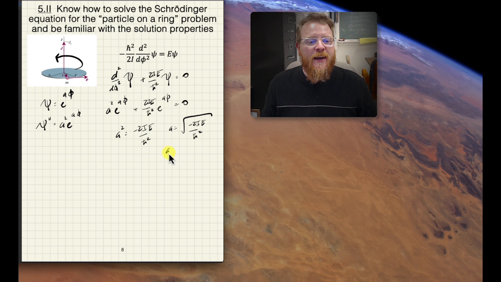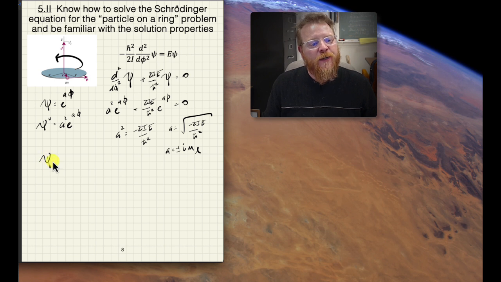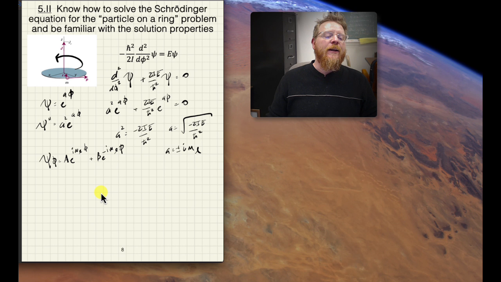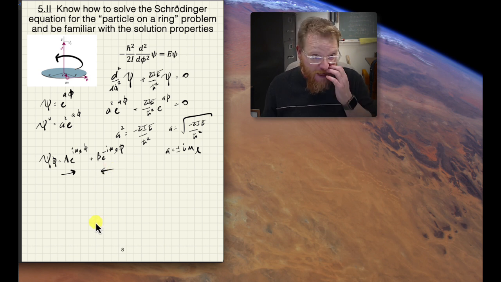So we can say that a equals plus or minus i ml, and thus my general solution for psi of phi will look like the following: A e to the i ml phi plus B e to the negative i ml phi. And if you recall, in the particle in a box, we described this as particles moving from left to right and particles moving from right to left.